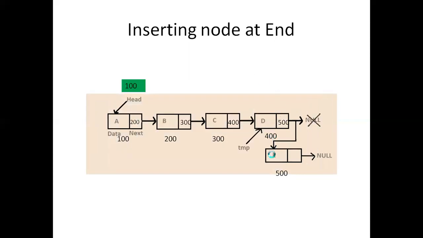Assume temp is 400, and its next is equal to our new node address, that is 500, and by default 500 next is null because that is the last node. Before inserting 500, 400 is the last node and 400 next is null. After inserting 500, 500 next is null. We are connecting the 400 and 500 nodes.